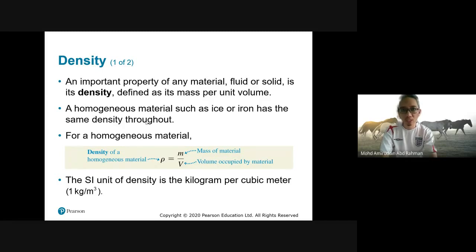For example, in the ice, we only have water. So that's why we call that homogeneous. For that homogeneous material, we have the same density everywhere if we measure it.